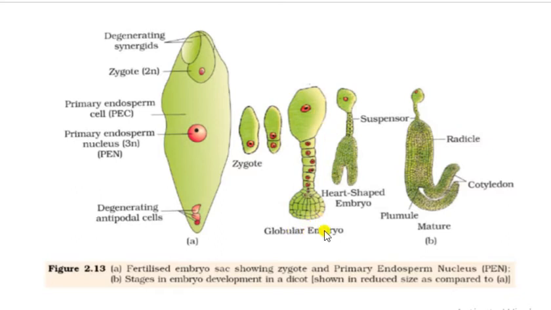This globular embryo further develops to give rise to a heart-shaped embryo, where the heart shape is formed because of the development of the cotyledons.